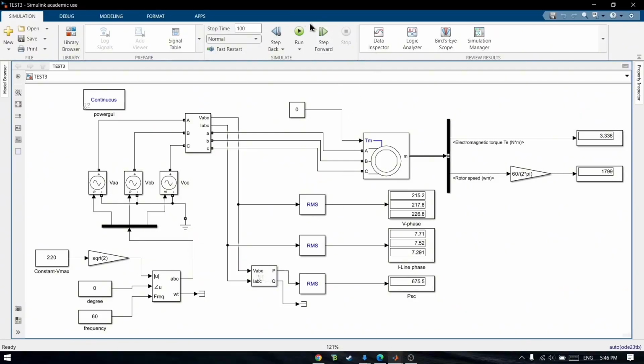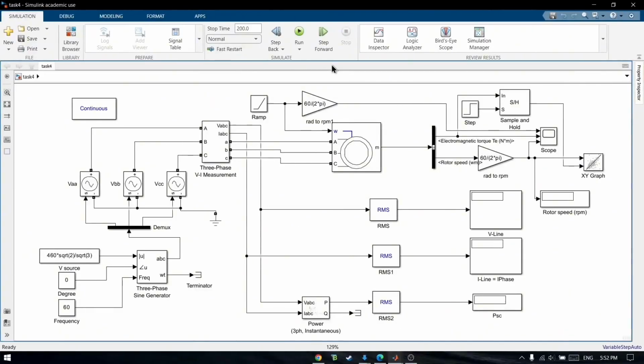From these values we can calculate the magnetizing reactance, stator copper loss, and rotational loss. This concludes our demonstration of the no-load test for the 3-phase induction motor. This test provides valuable insight into the motor's magnetic branch and loss components, which are essential for performance analysis.